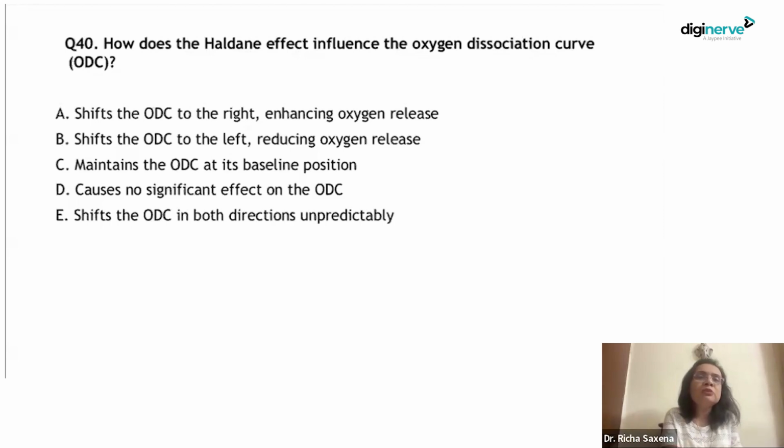And when this happens, the oxygen dissociation curve shifts to the right. So when it shifts to the right, it releases oxygen. Because I told you that when it shifts to the left, oxygen is not released. When it shifts to the right, oxygen is released.